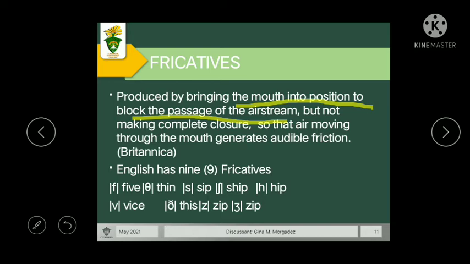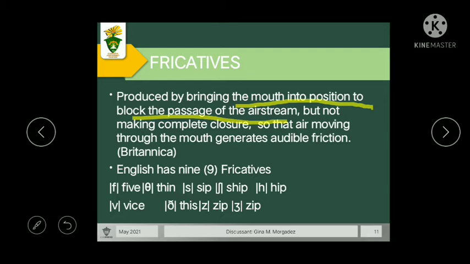The fricatives in the top row are voiceless. Those in the bottom row are voiced. So for example, we have the voiceless: five, thin, sip, ship, and hip.